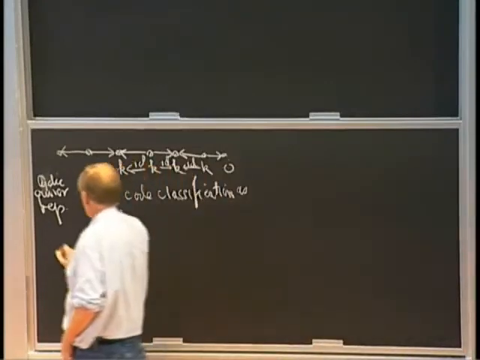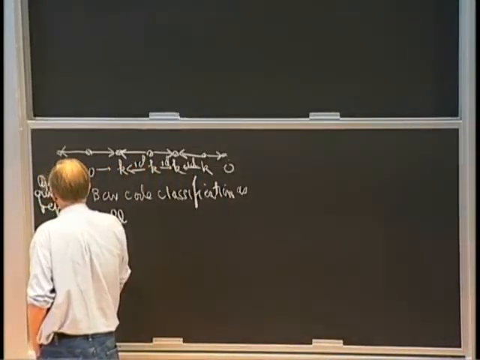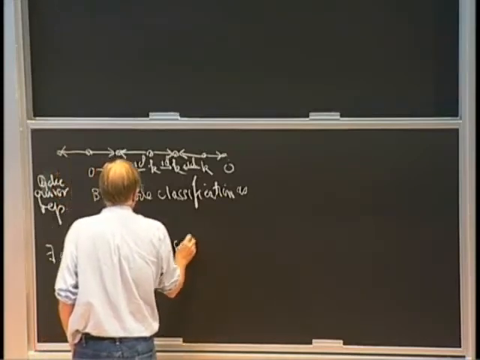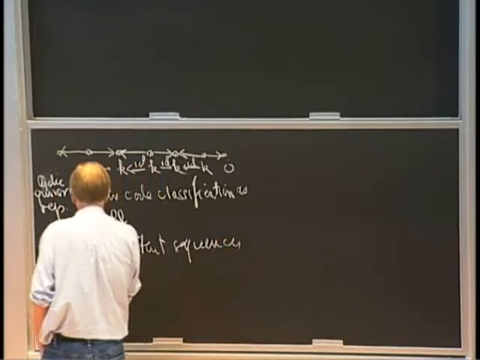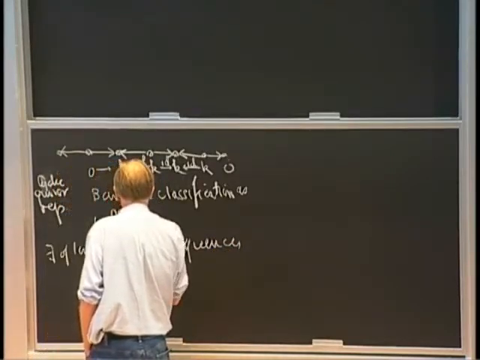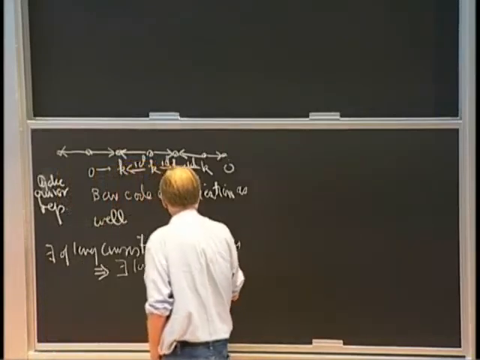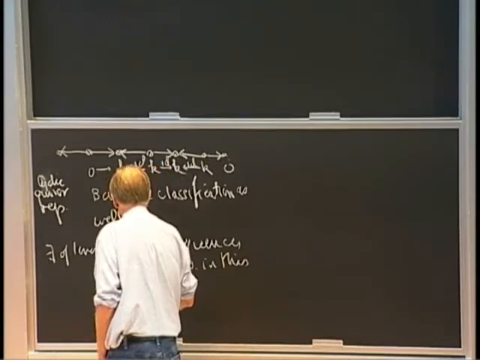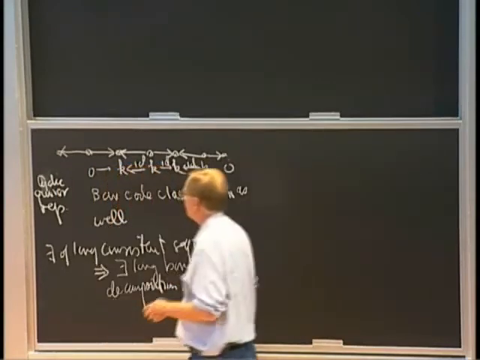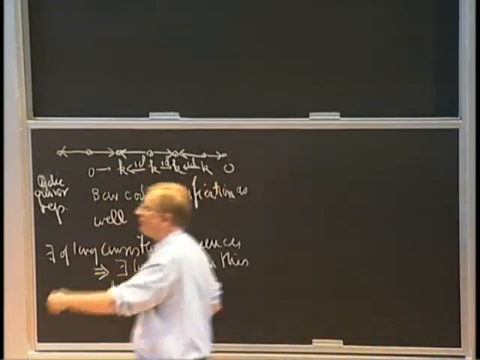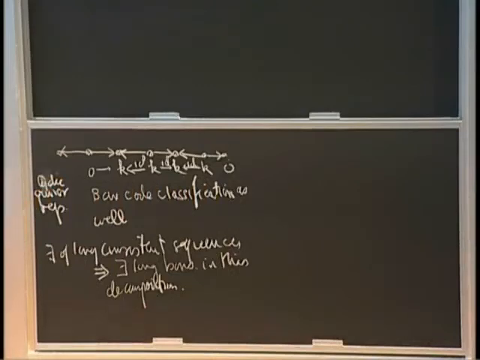So the existence of long sequences is the same thing as saying there exist long bars in this decomposition. So that's a way of approaching this whole sampling question and trying to distinguish between the two possibilities that I mentioned up here, this one and this one.